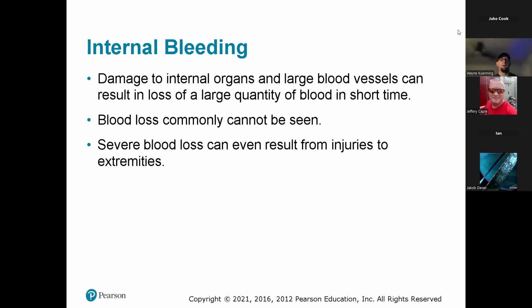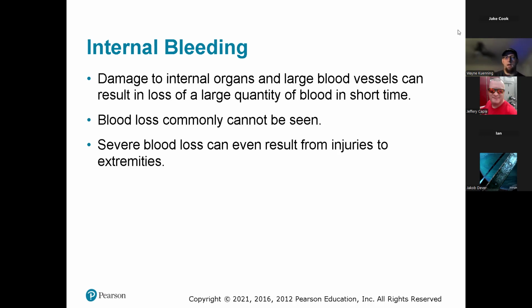Internal bleeding. Damage to internal organs and large blood vessels can result in a loss of a large quantity of blood in a very short time, and you won't see it. Your abdomen and pelvic cavity can hold all of your blood, all of it. Seen it.